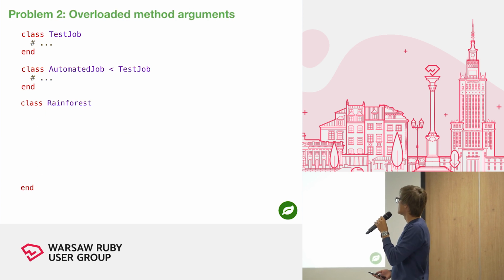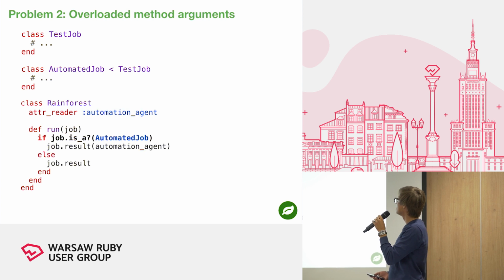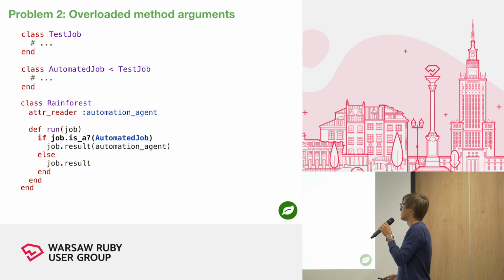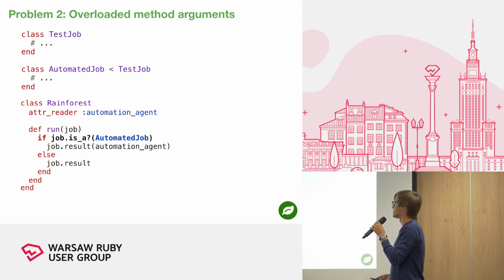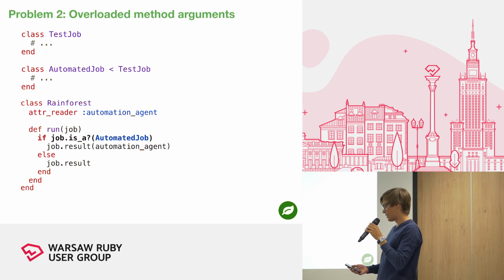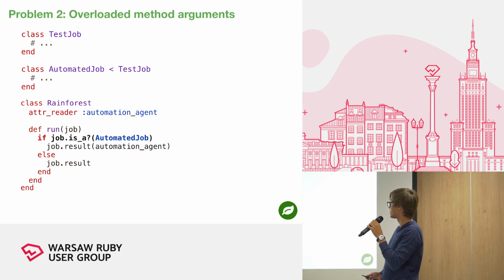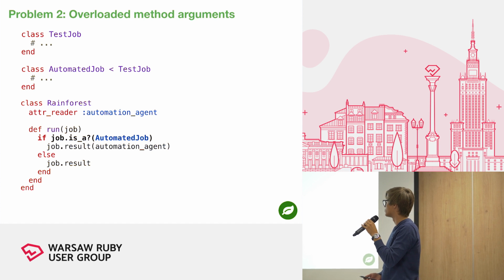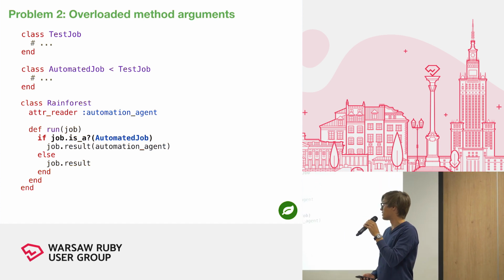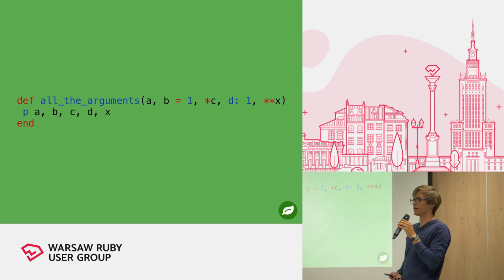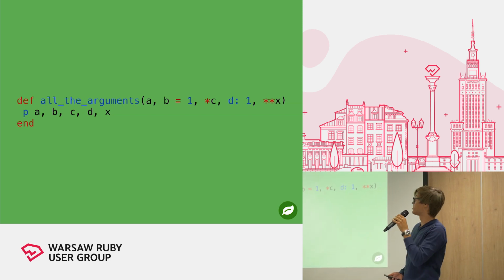Another take on this in the same scenario would be when the method arguments are overloaded and they create a different signature. So let's say we have a different set of arguments for the result in one of the subtypes, the automated job. And then we have to introduce additional branching in the run method. So think of how many ways we have in Ruby to pass arguments to a method.